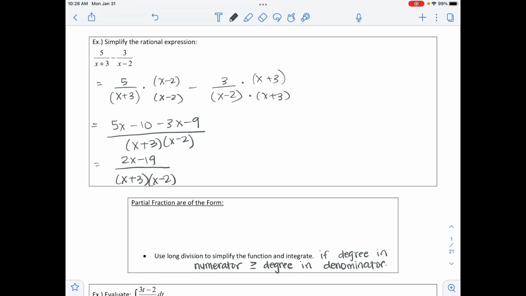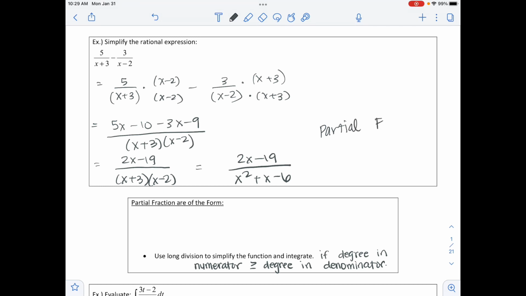I cannot reduce this anymore. Another way to write this would be 2x minus 19 over x squared plus x minus 6. So both of these are ways to simplify your answer here. And so what we're learning right now is called partial fractions. And some of us might have seen this back in pre-calculus.